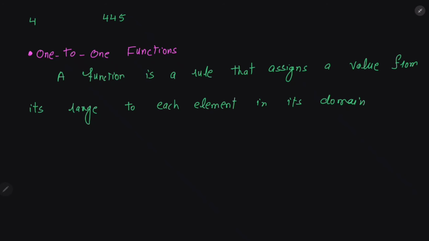So this is the definition of function. Let me just raise one-to-one function over here so you don't get confused. Since, to understand one-to-one function, we are defining the function over here. So this is the definition of a function. This is a simpler definition of any function.